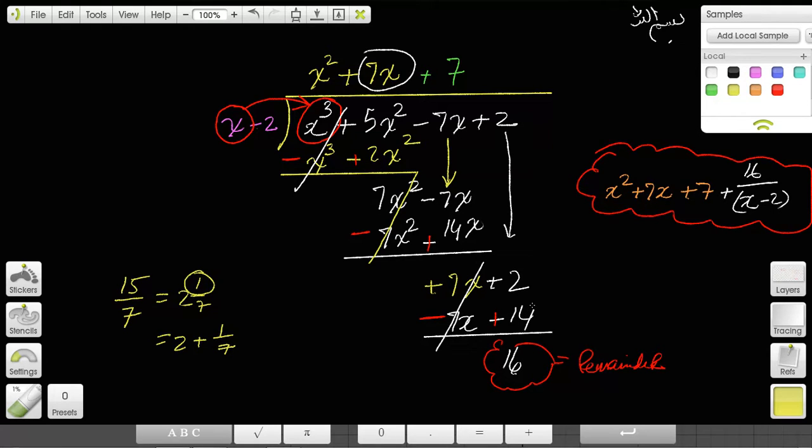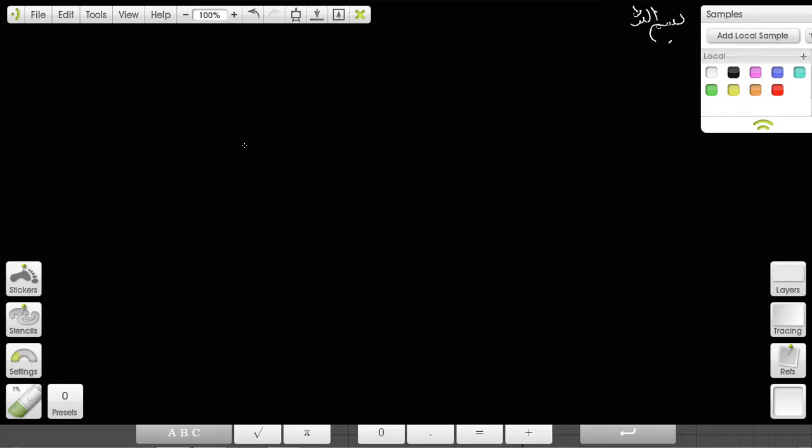I want to do one more question at the risk of boring you. Let's do this. We're going to divide 3x to the 4th minus 5x cubed plus 4x minus 6, and we're going to divide this by x squared minus 3x plus 5.